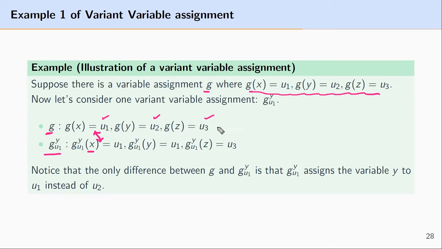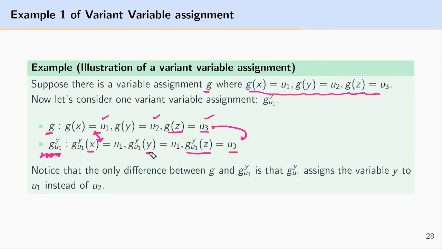Let's move over to Z right here. So you'll notice that G assigns Z the item U3, and this variant variable assignment also assigns Z the item U3. The only difference comes about in what this variant variable assignment does with Y here.